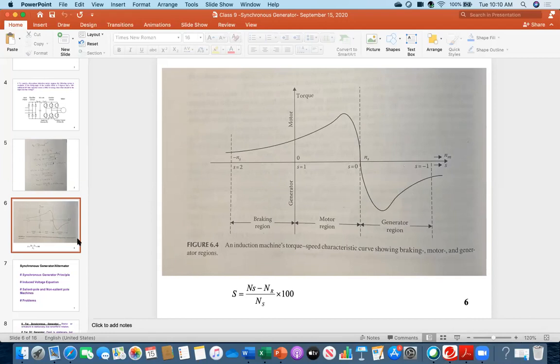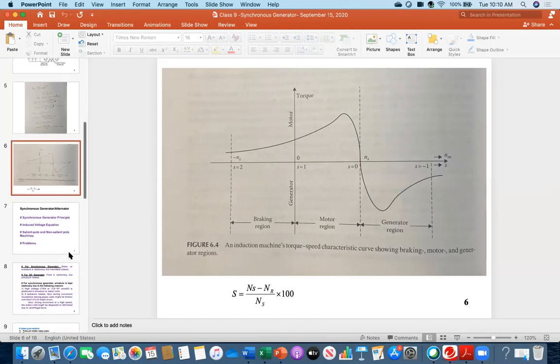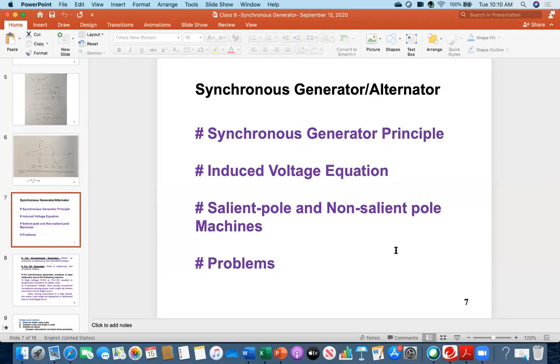Okay, so moving forward, today we will start the new chapter, which is the synchronous generator. This is the generator which is actually used in real power plants. So everybody keep in mind, it is the synchronous generator, or sometimes it is simply called the alternator.